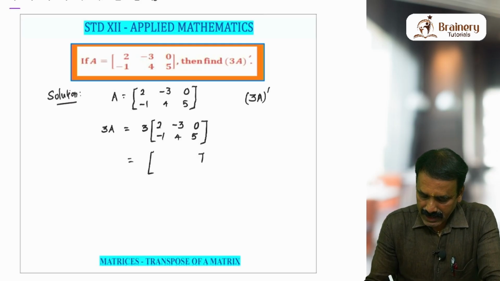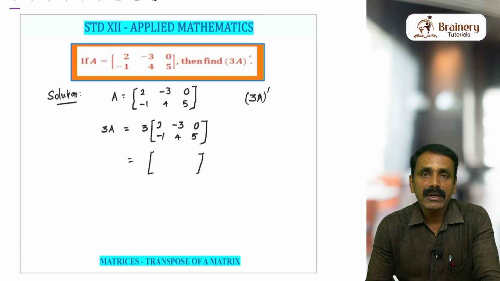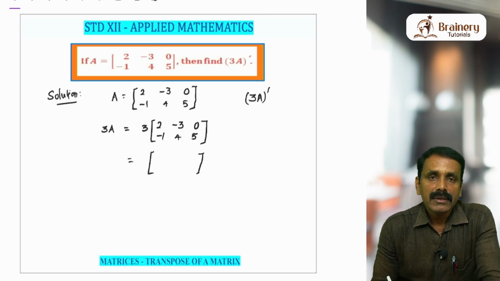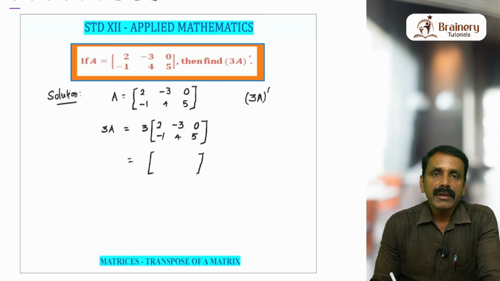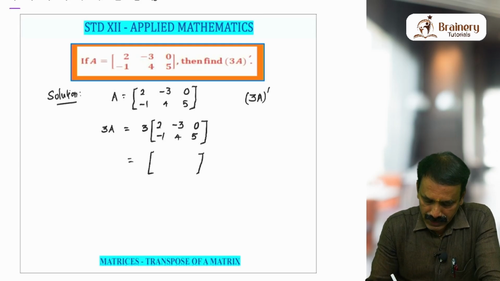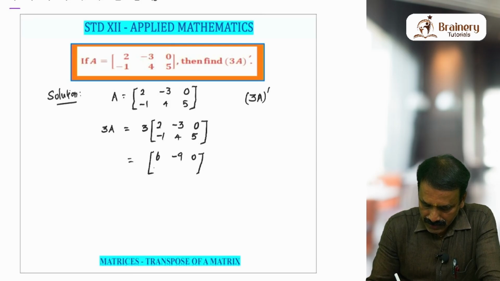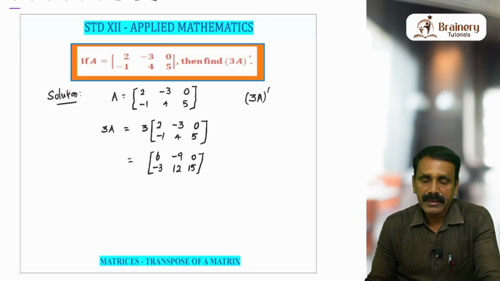Because it is scalar multiplication, we have to multiply the scalar to all the elements, not to a particular element. So 3 twos are 6, 3 into minus 3 is minus 9, 3 into 0 is 0, 3 into minus 1 is minus 3, 3 into 4 is 12, 3 into 5 is 15. So this is your 3A.